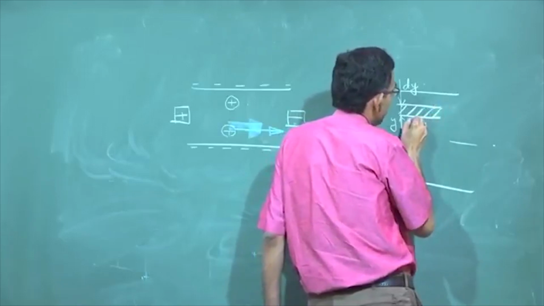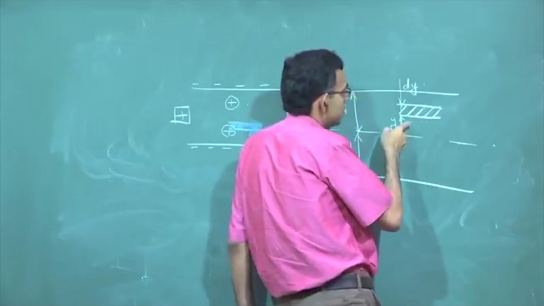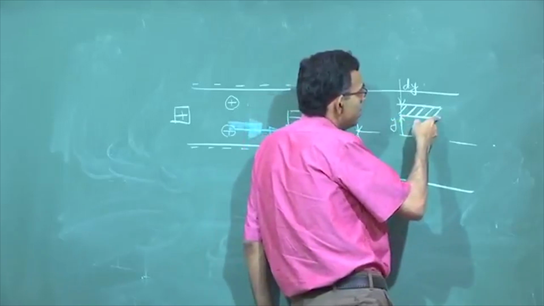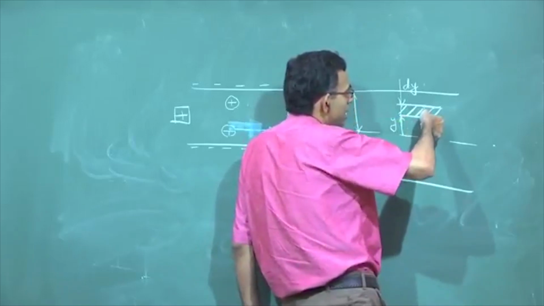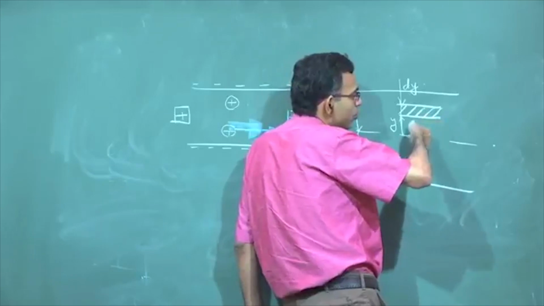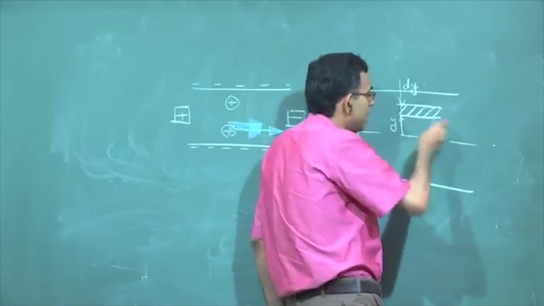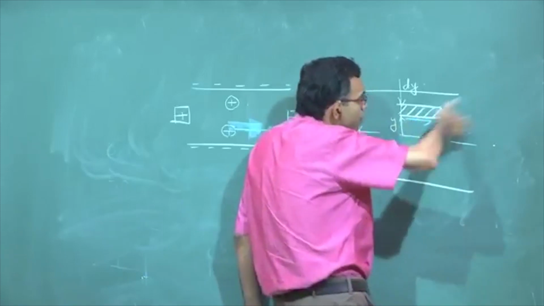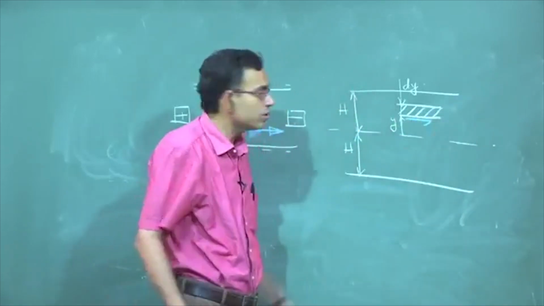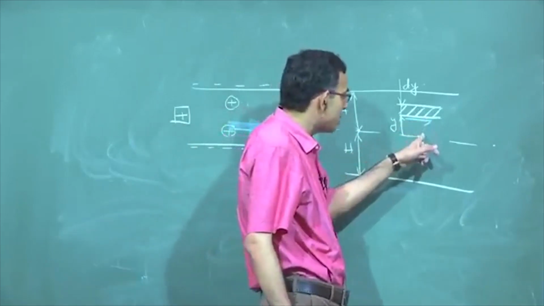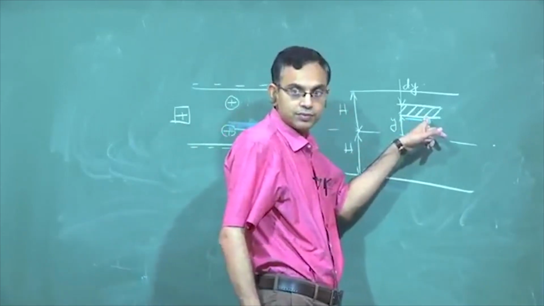So the resisting viscous forces. Let us say that this boundary, whatever is the fluid below it, is moving at a faster rate because it is closer to the center line. So it is trying to pull the fluid in the forward direction. This is the force exerted by the bottom fluid on this element.